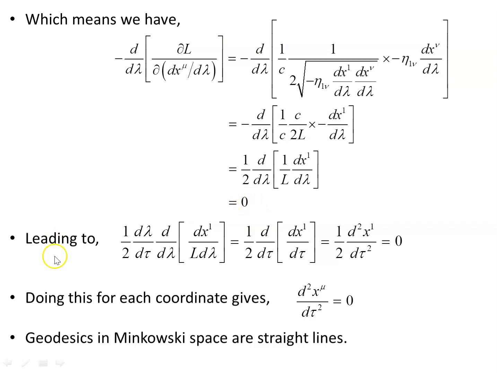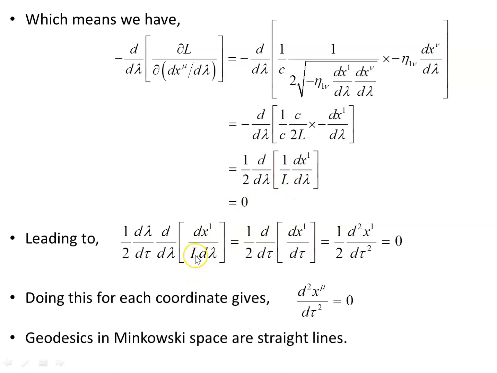That's set to 0. Now that leads to, if we work with that, 1/2 times dλ/dτ times d/dλ. So we're going to multiply through by dλ/dτ, which we saw on the previous page. That gave us a certain relation, times d/dλ, that one there. Now 1/L dx^1/dλ is this bit here.